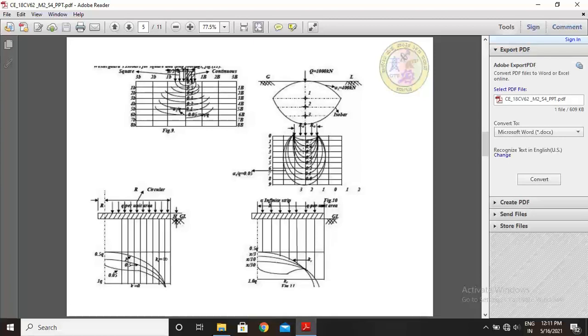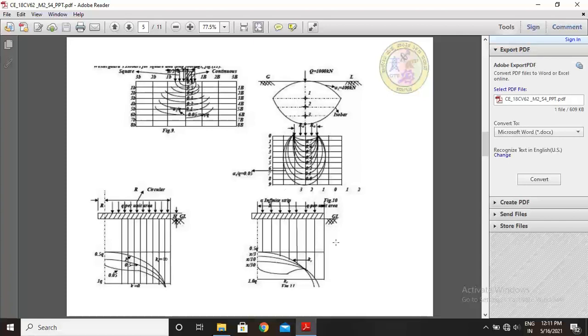If the load is increased, a continuous or uniformly distributed load is applied here along the width of the footing, that is in square footings. We locate depth as 0, 1, 2, 3, 4, 5, 6, 7, 8, 9 meters.